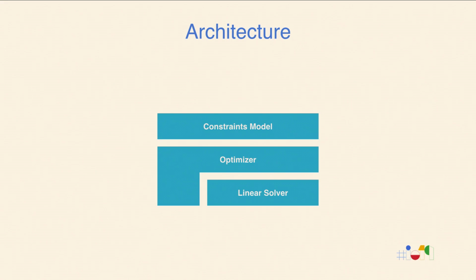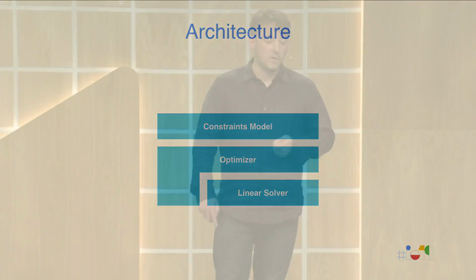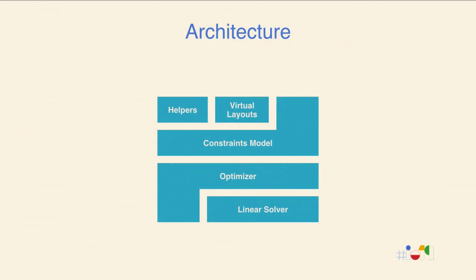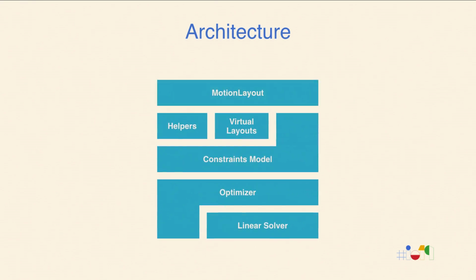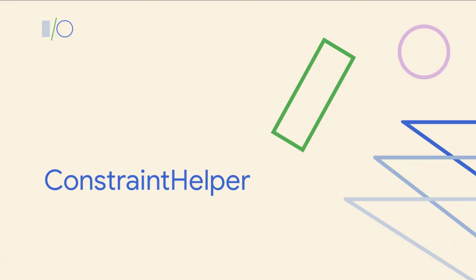So that gives us a lot more speed in Constraint Layout 2. On top of that, we have the helper objects and the virtual layout that are using this constraint model for you. And above all of this, we have MotionLayout that takes advantage of this entire foundation.